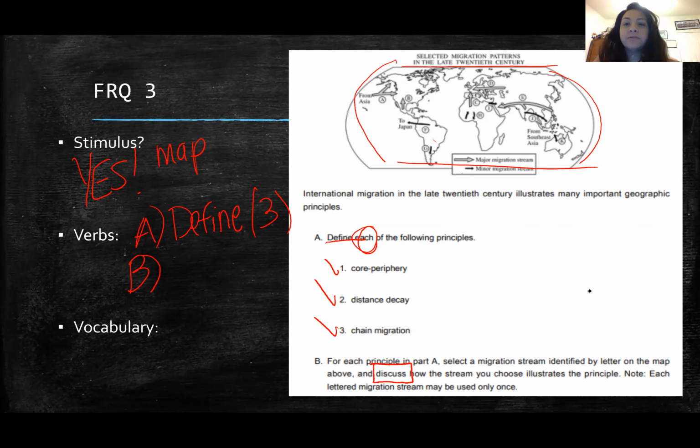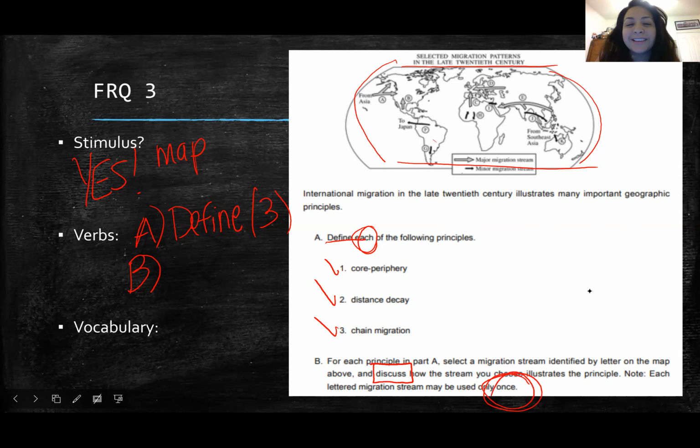Okay, so you have to figure out one of these little combinations of arrows. So D, perhaps, right? How does that relate to core periphery? And if you use D, that means you can't use it in distance decay or chain migration. All right, so be careful because each lettered migration stream can only be used once.